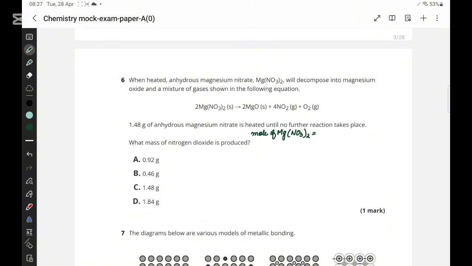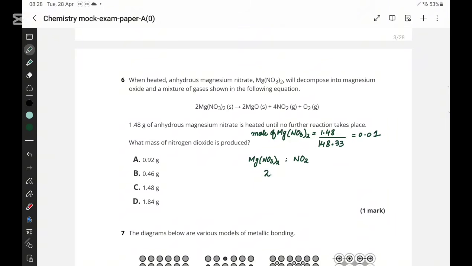That comes out to be mass by molar mass. Mass is 1.48, and if you calculate the molar mass of magnesium nitrate, that comes out to be 148.33, and that is equal to 0.01. They are saying the mass of nitrogen dioxide you need to find. So magnesium nitrate, I am going to put it on the left hand side, and for nitrogen dioxide I am going to put it on the right hand side.